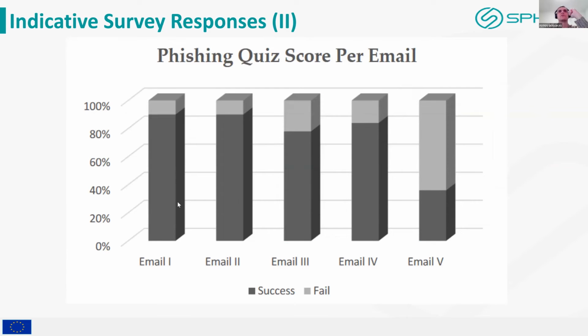Now, regarding the phishing quiz score, we created some legit and fraudulent emails and distributed these emails to specific email accounts throughout the hospital organization, and we measured the performance of the users in dealing with them. So we had a very good success rate after having initiated all this cybersecurity awareness campaign.